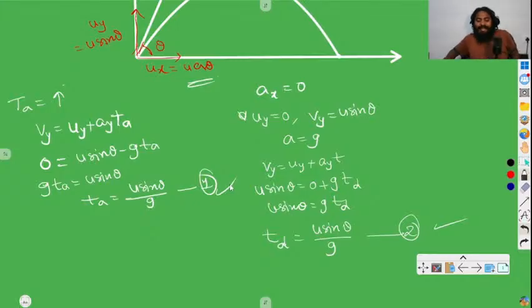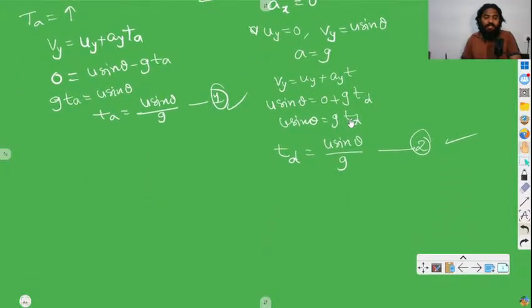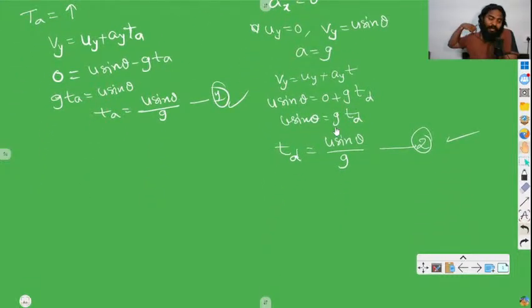Next, let's find out the time of flight. As we have calculated the time of ascent and the time of descent, it is very easy to find the time of flight. Time of flight is the total amount of time the object stays in the air, or the time taken by the object to reach the ground from the point of projection.